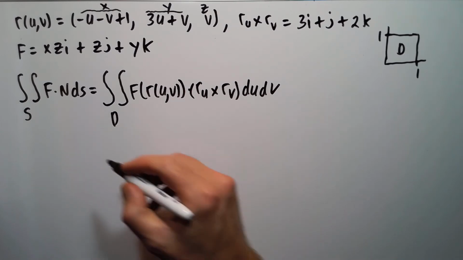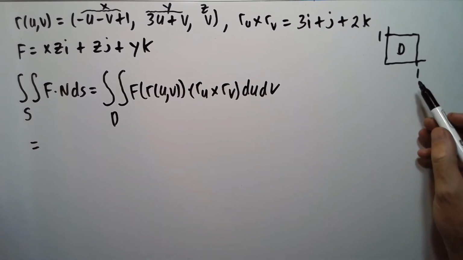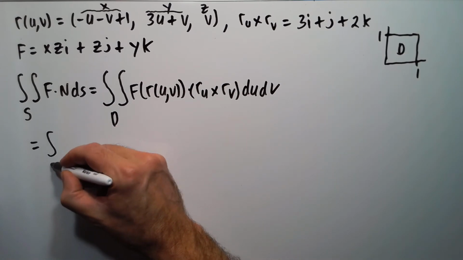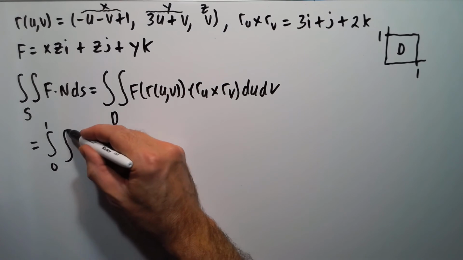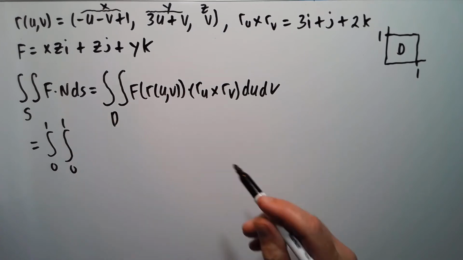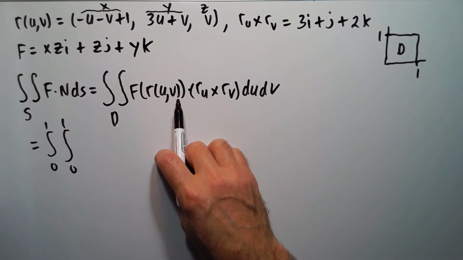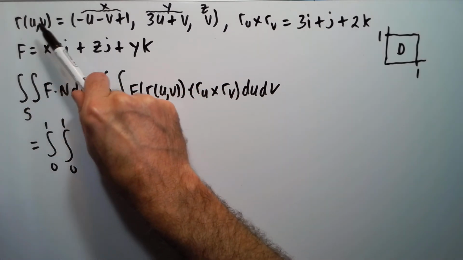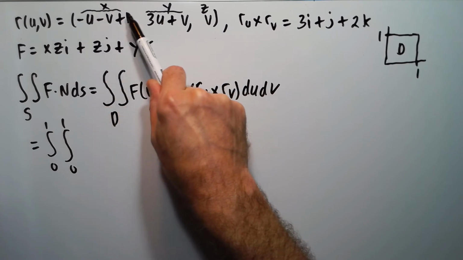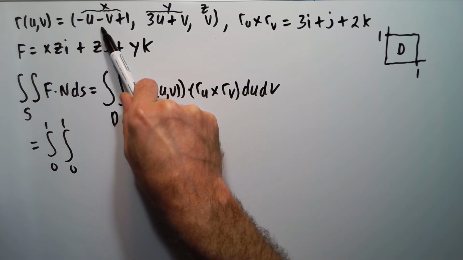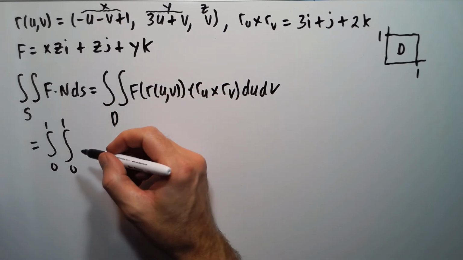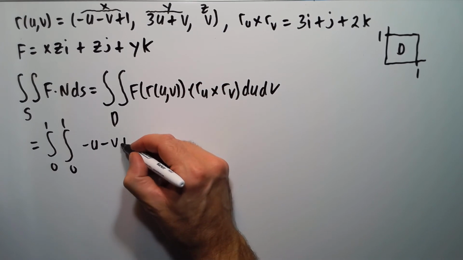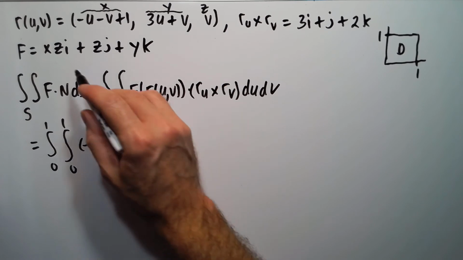So this will equal, well, our D region is over here, so 0 to 1, 0 to 1. That'll be F of r(u, v). Here's my F up here, so it's x. But looking up at the r, the first component here is the x, so it's going to be minus u minus v plus 1. So it'll be minus u minus v plus 1 times z.